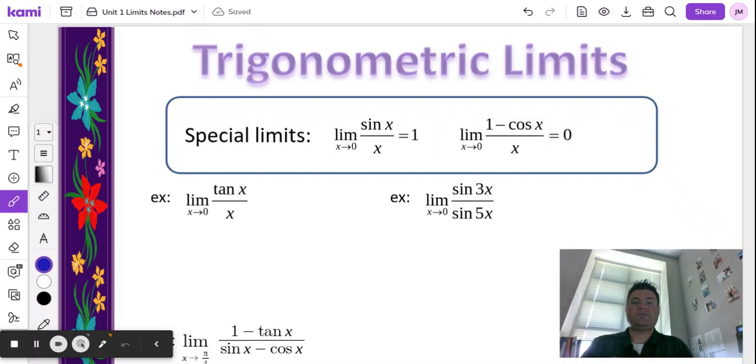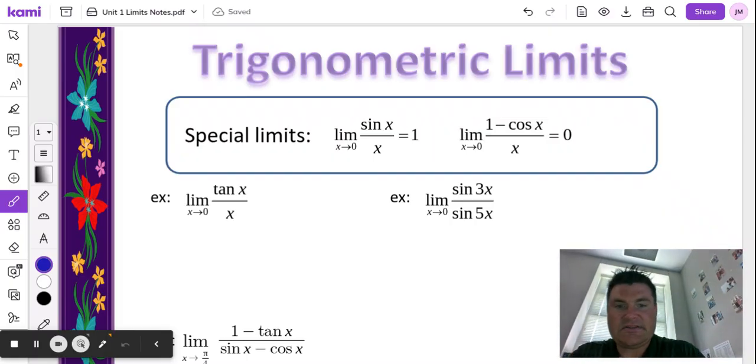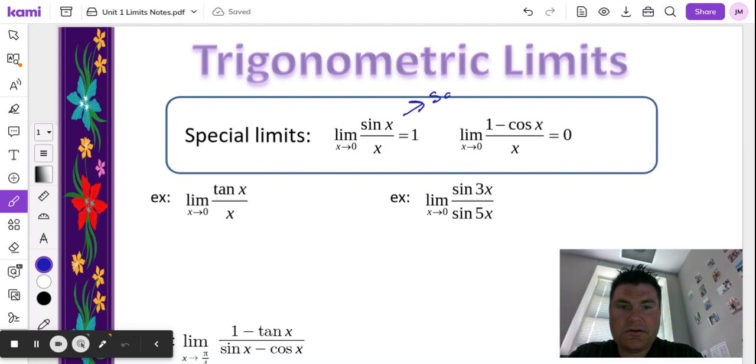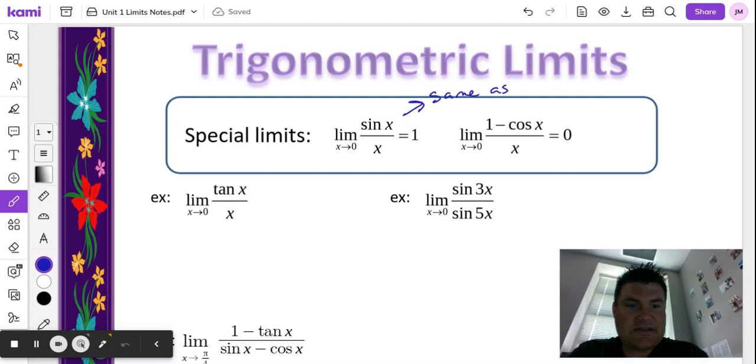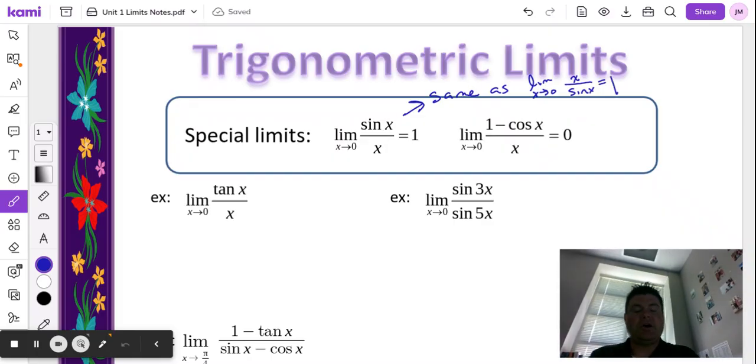Okay, and since this ratio is equal to 1, we can actually manipulate it a little bit. It's the same as the limit as x approaches 0 of x over sine of x equals 1. So the reciprocal is also equal to 1 because the reciprocal of 1 is 1.